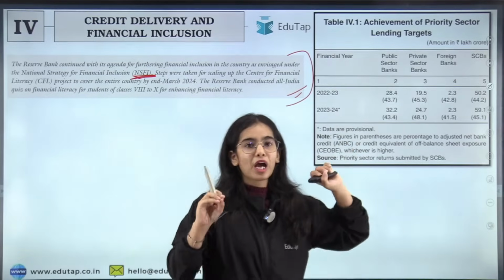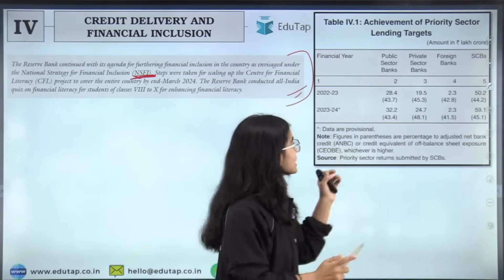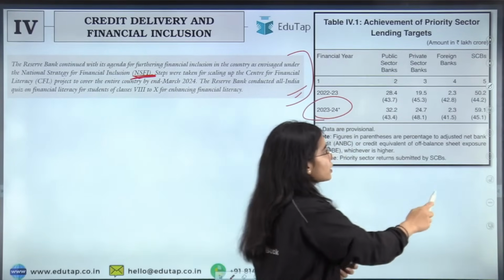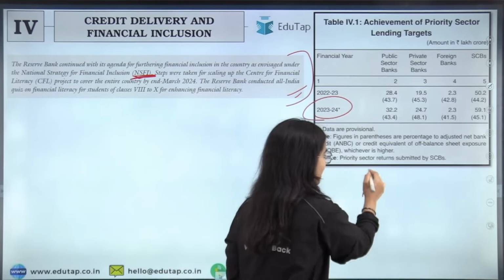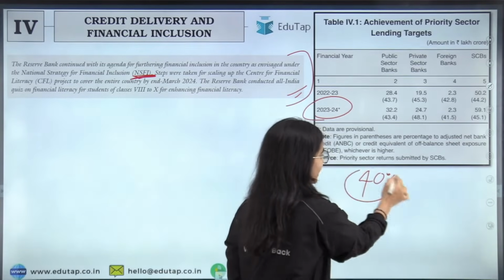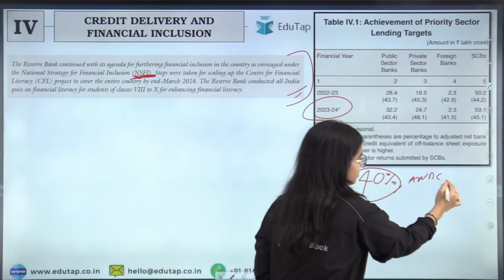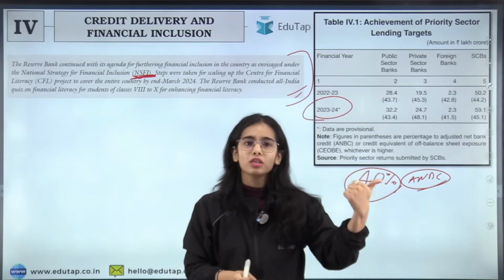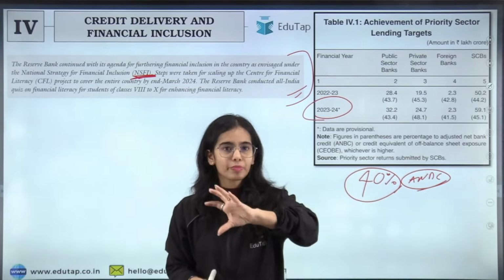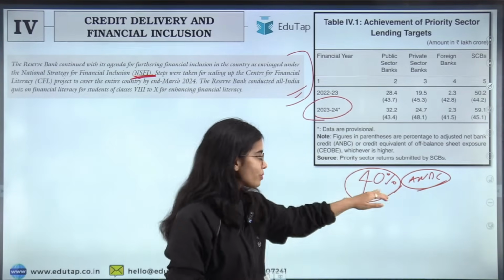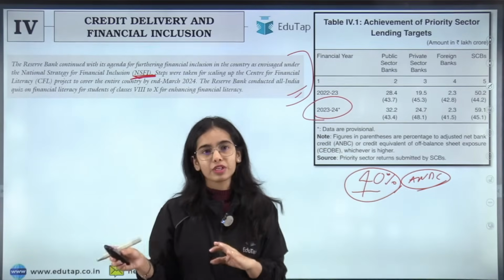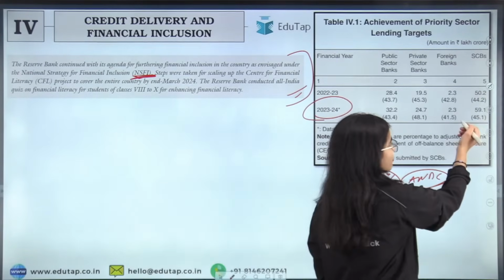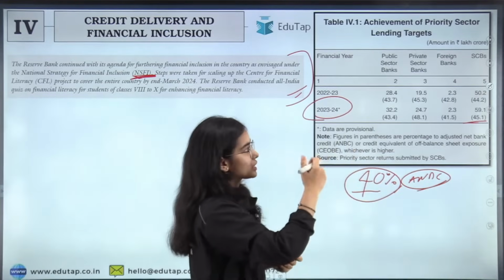So achievement of priority sector lending has been done. You can see that in 2023-24, scheduled commercial banks have to give 40% of their ANBC, that is their adjusted net bank credit, to the priority sectors. Even more than 40% was given to the priority sector: 45.1% of the ANBC by scheduled commercial banks.